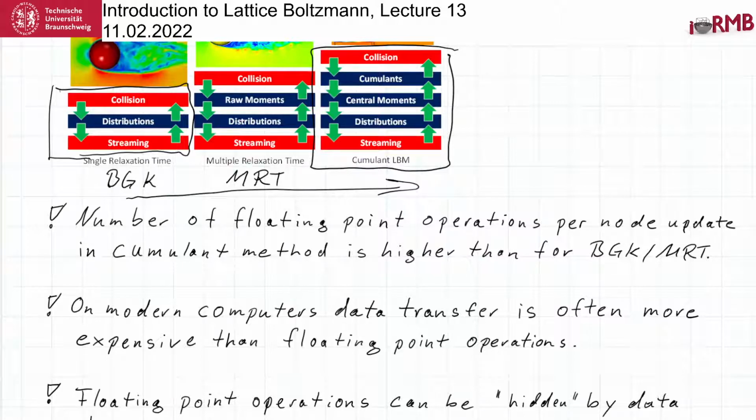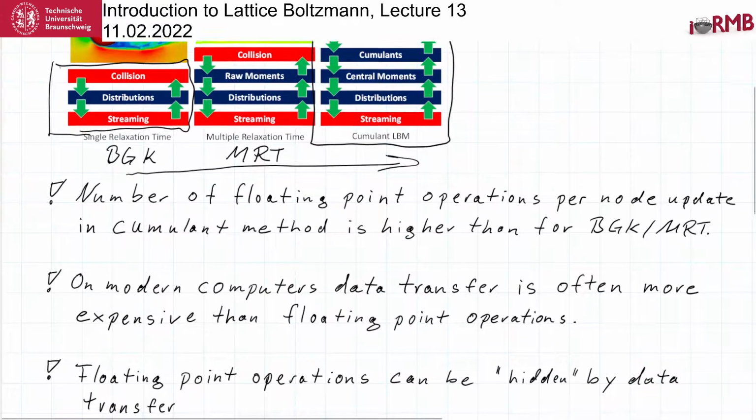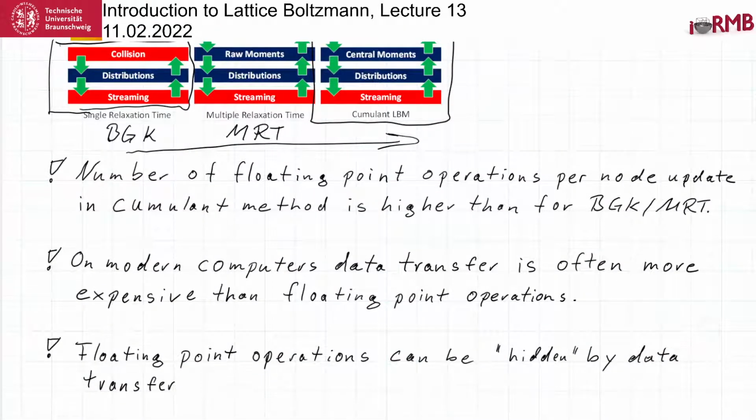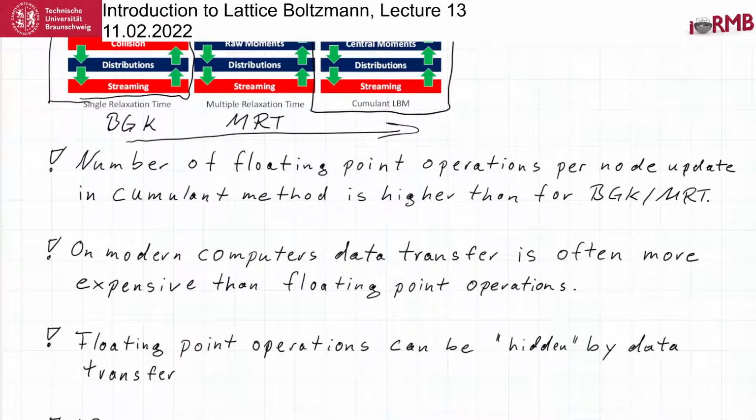So there are two things that we have to take into account when we talk about more floating point operations. One is that more floating point operations, of course, mean longer computational times. Fortunately, this actually is not that big a problem as you would imagine, because on modern computers data transfer, so this is basically fetching the information from the memory, is much more expensive than doing the actual calculations.